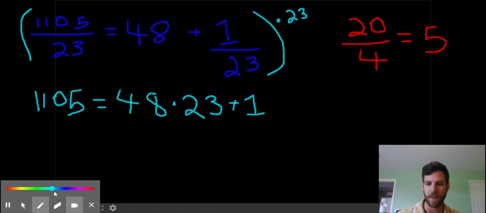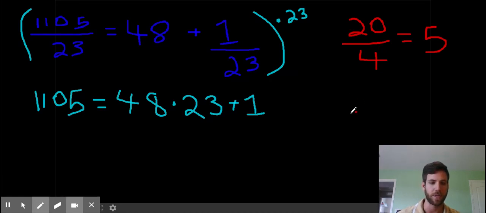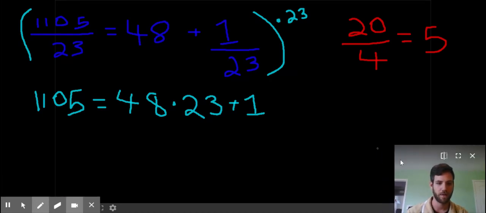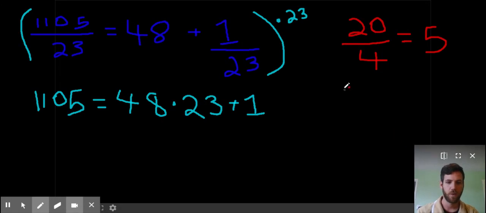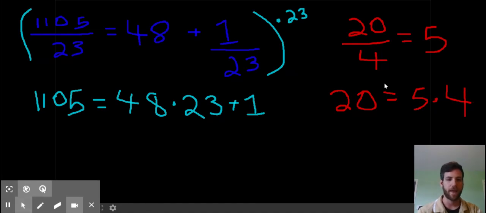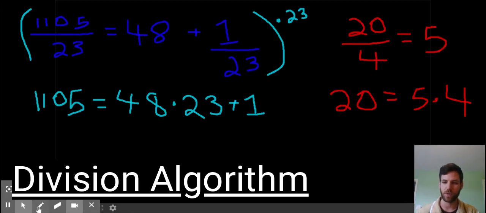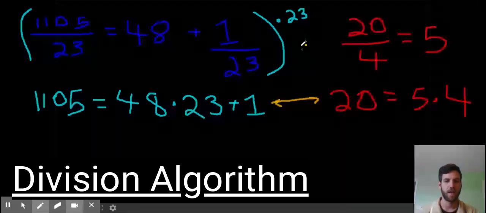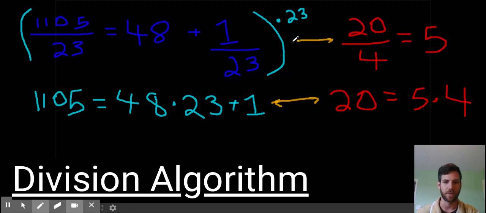Now, if we compare that to the right side here, what we did earlier, we would see that 20 is equal to 5 times 4. And that is the equivalence we're looking for. So we could even draw an arrow showing that these two are representing the same thing, and these two are representing the same thing.